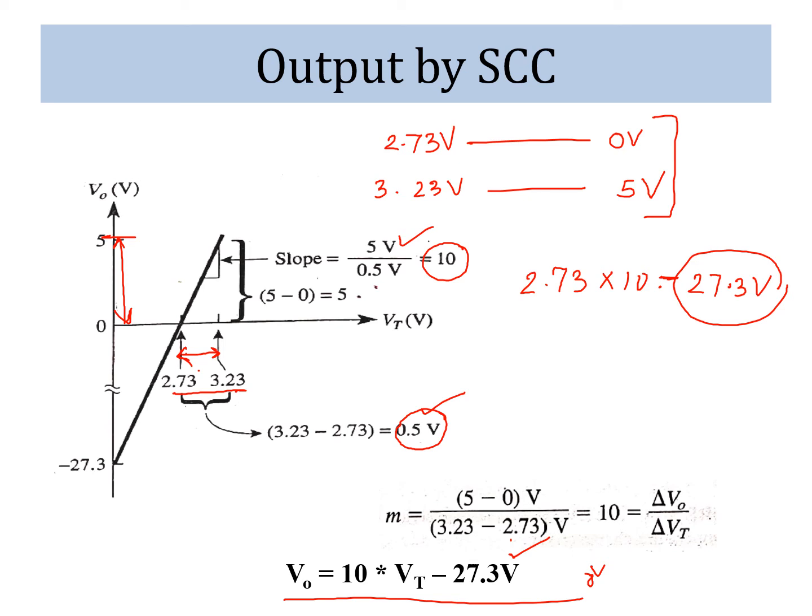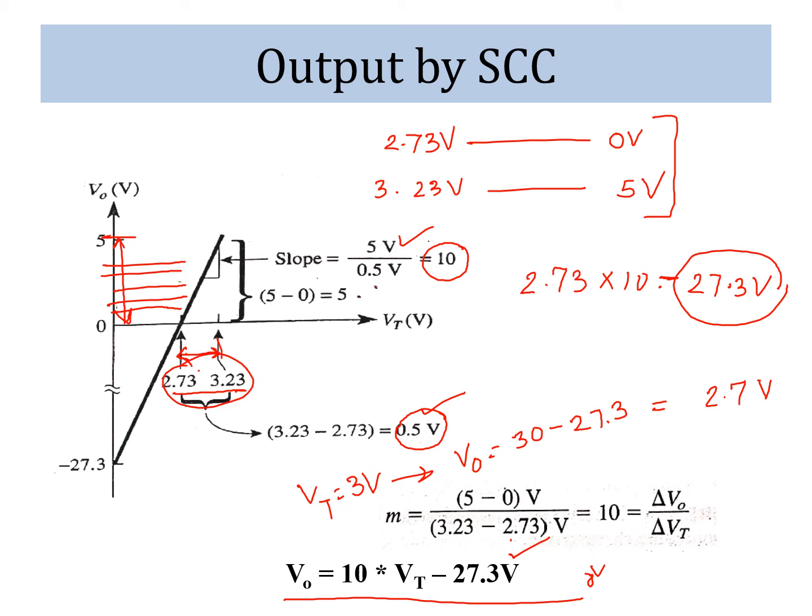And for any value in between, let's say my input is 3 volt, then V2 will be equal to 3 into 10, that is 30, minus 27.3, which is equal to 2.7 volt. So we got a linear range of values corresponding to each value of this range. We got each value on the output side, that is 0 to 5 volt.